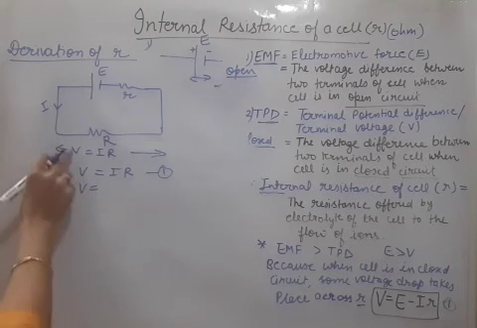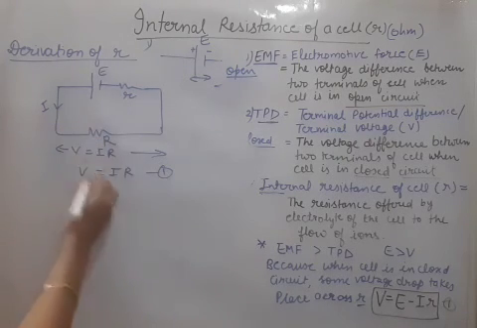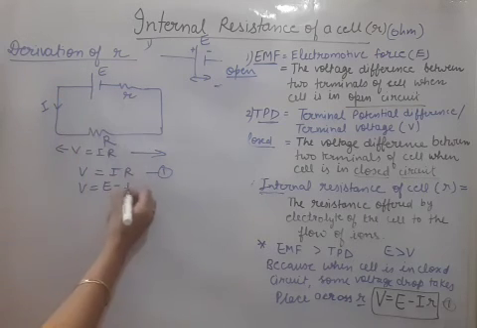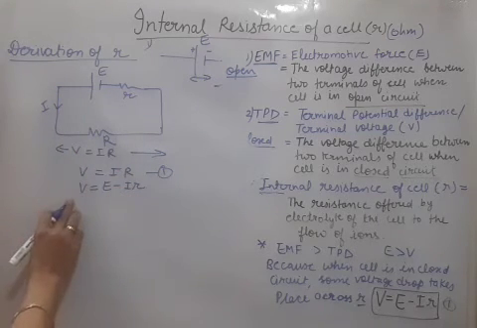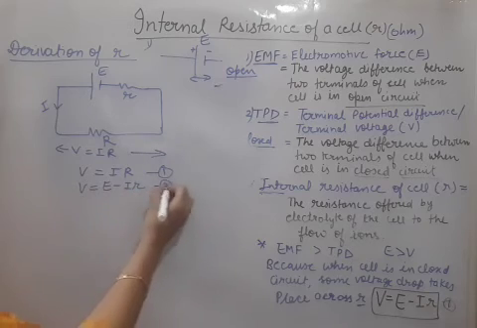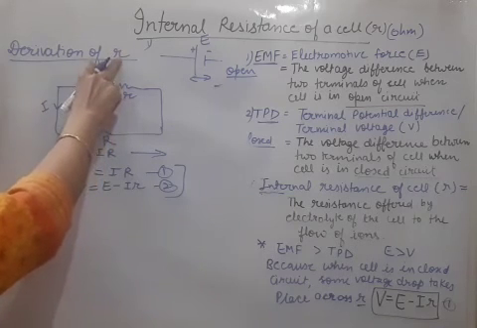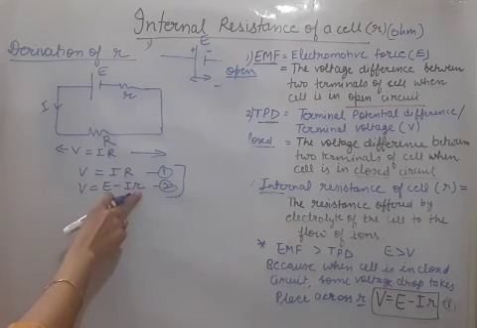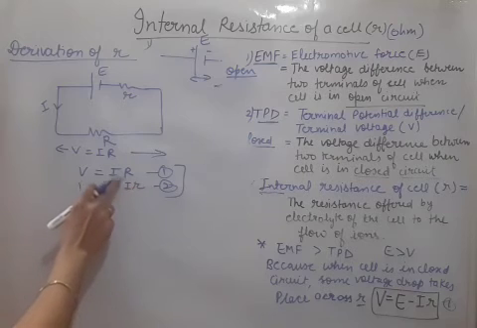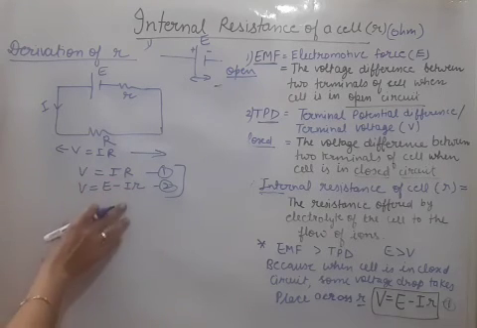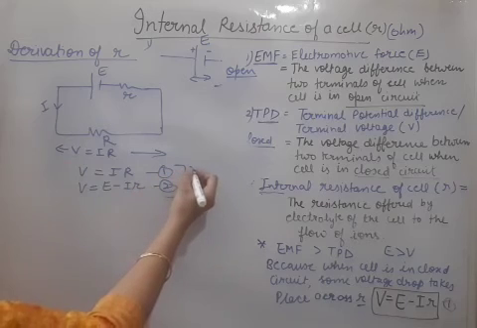Second equation is how V, E and small r are connected. So we have seen from this cell, if Ir is subtracted, we get V. So using these two equations only, we have to do the derivation. So derivation is what? That we have to derive the small r formula in terms of E and V. So it's very simple.